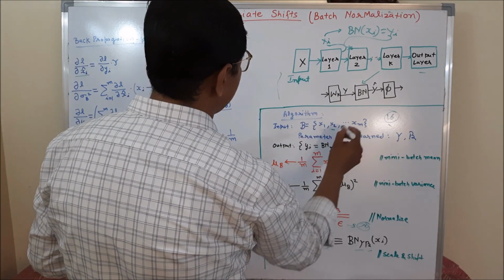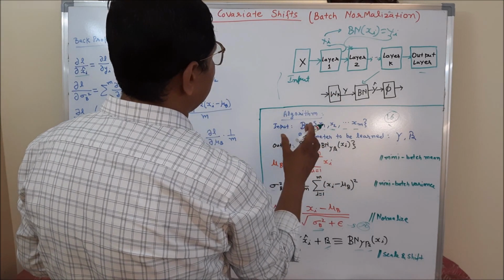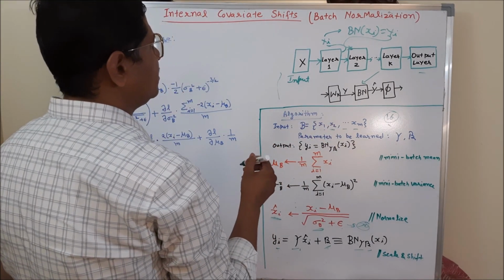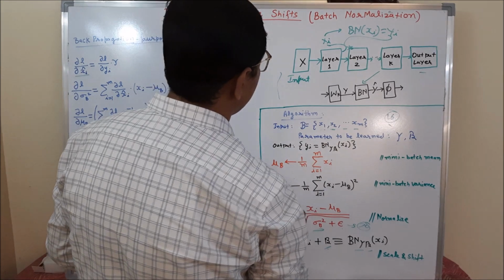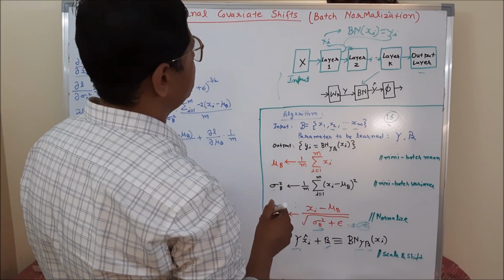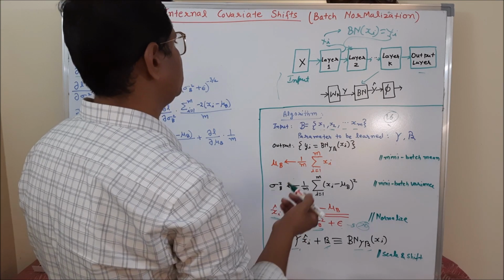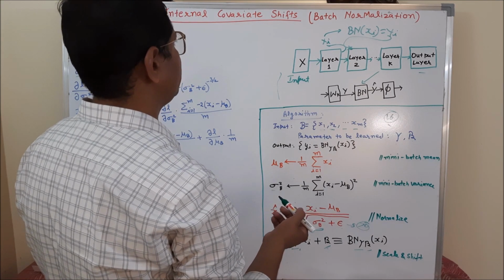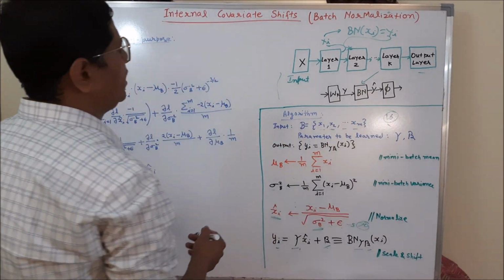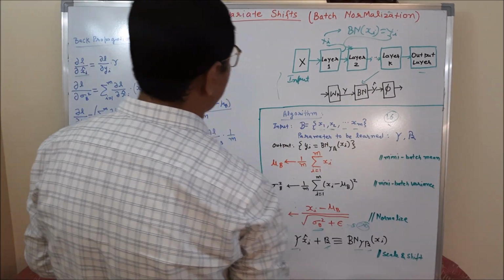Due to this ordering, it will have some sensitivity towards the ordering, and it may affect the performance also. A quick remedy for this may be using shuffle batch normalization, which means shuffle the input and then use the batch normalization.